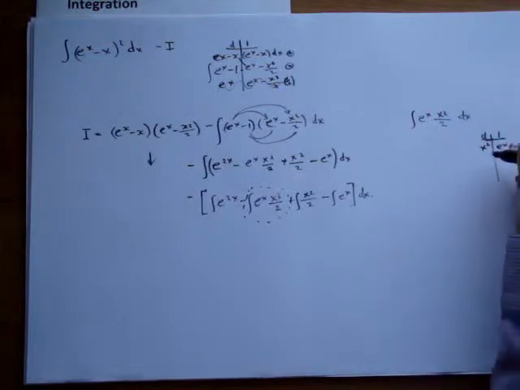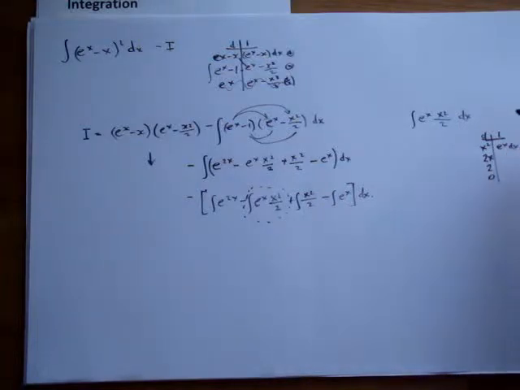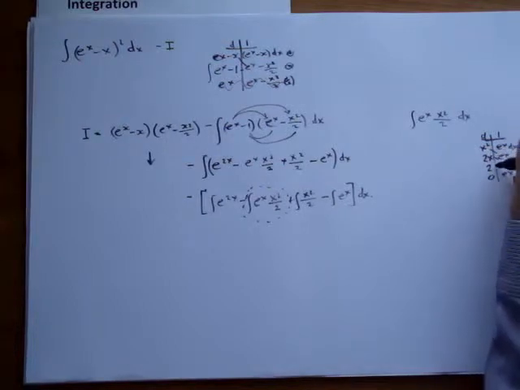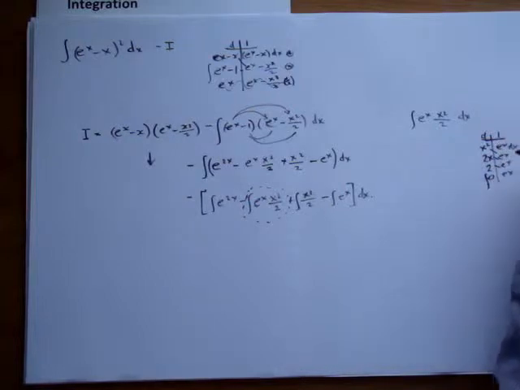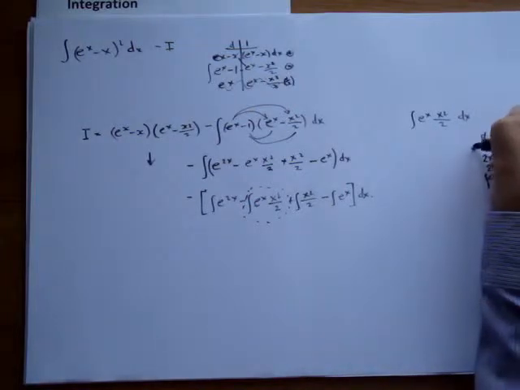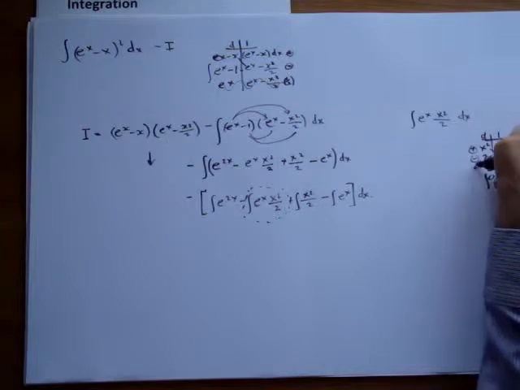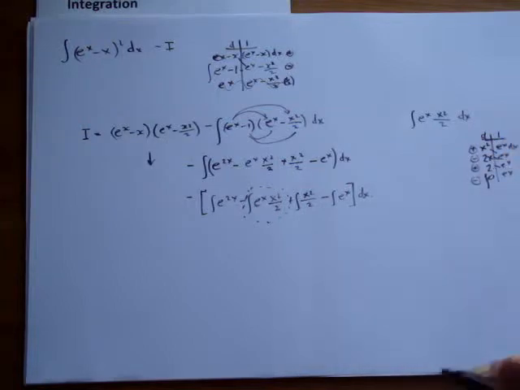And when we do that, our du becomes 2x, becomes 2, becomes 0. When we integrate our e^x's, we get e^x, e^x, e^x. Do our arrows. This is a plus, a minus, a plus, and a minus.